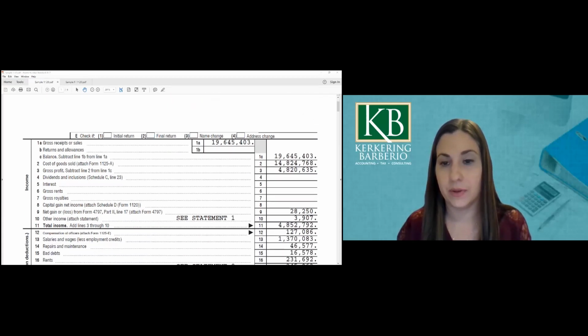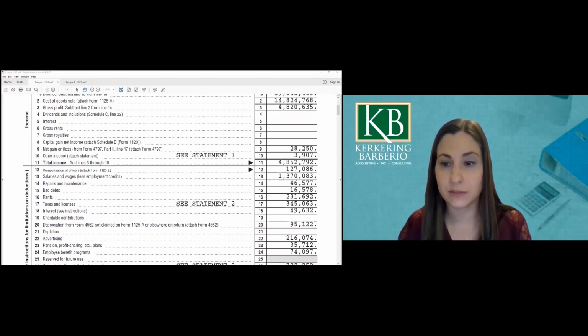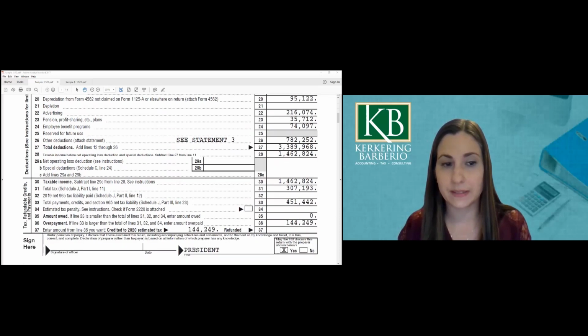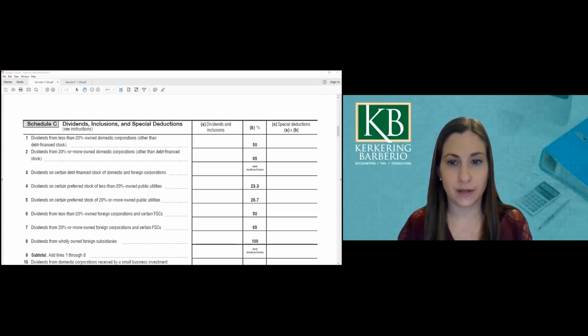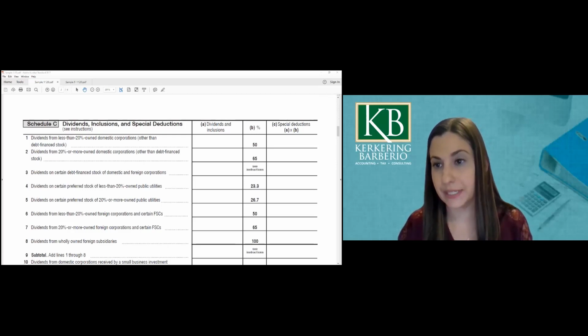We have our same profit and loss items of gross receipts, cost of goods sold, and operating expenses. But here you see on line 31 that the corporation has a tax that it has to pay. And then moving on to the second page, we have some differences because there are dividends and special deductions available to corporate taxpayers and corporate entities.